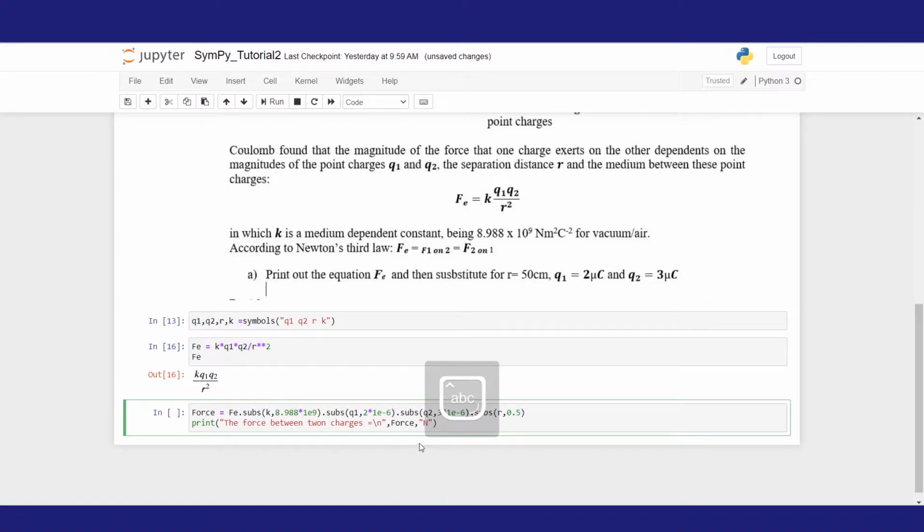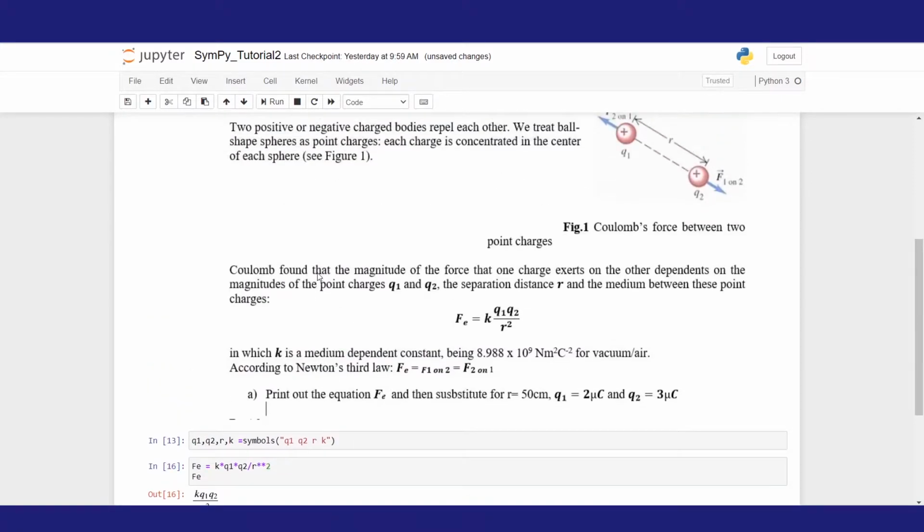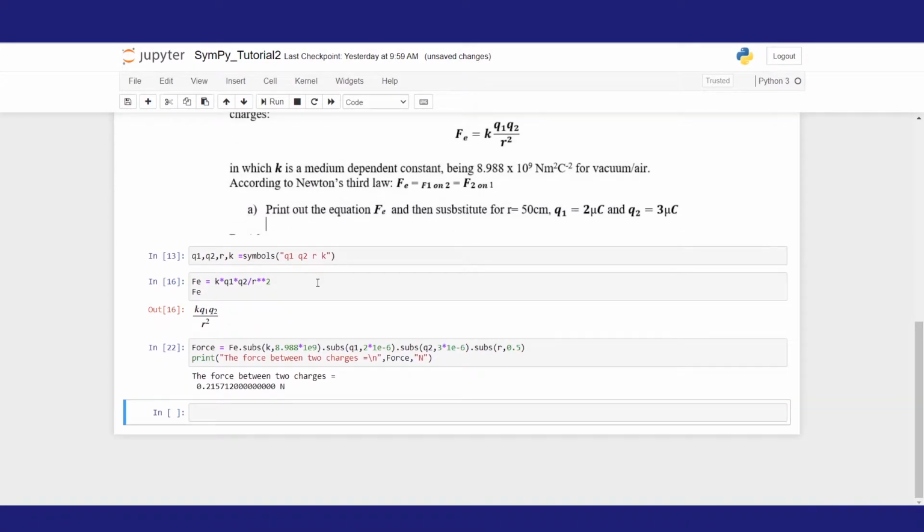All right, so if I print that out and run that, this is going to give us the force between the two charges is equal to that. Basically, that is how we can write expressions and substitute in them in any scientific way. So let's proceed to look at other expressions and how we can do that.